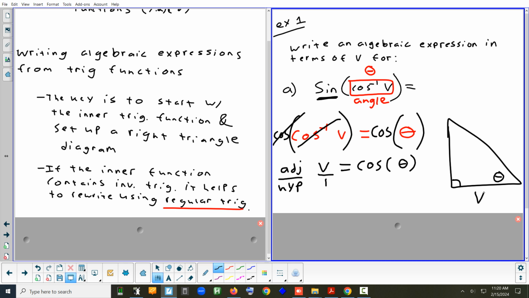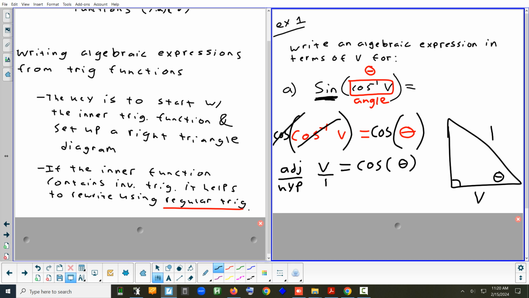What is it telling us about the hypotenuse? Hypotenuse is 1. So now we've drawn a picture of what this red box is saying. We converted the red box to a picture. But we're missing something. What are we missing in the picture? The opposite. We're missing the opposite. Well, let's see if we need it.